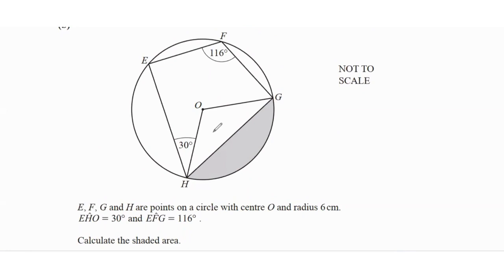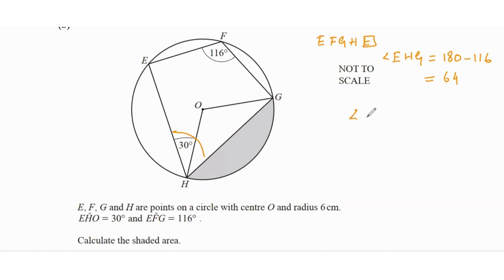So what we can do is we can begin with finding the total angle over here because EFGH is a cyclic quadrilateral, and in a cyclic quadrilateral opposite angles equal to 180. So angle EHG would be 180 minus 116, which is basically equal to 64. Which means this total angle is 64.